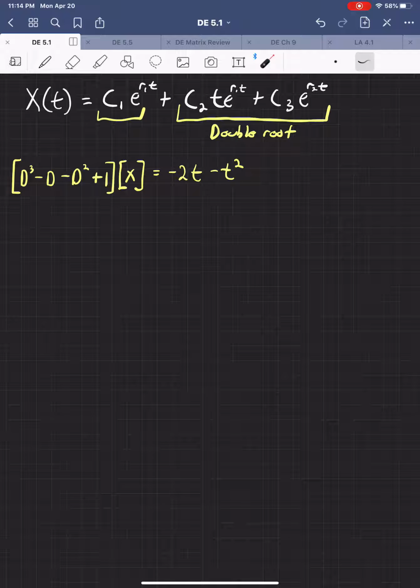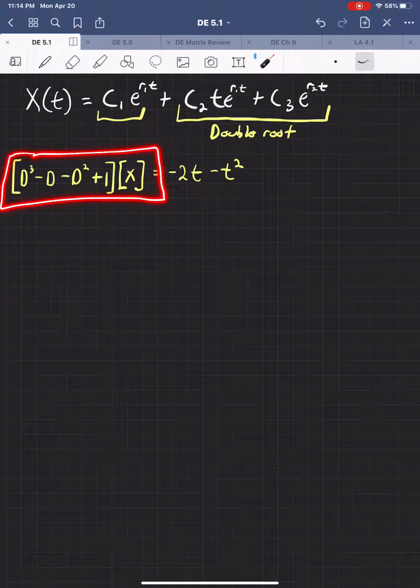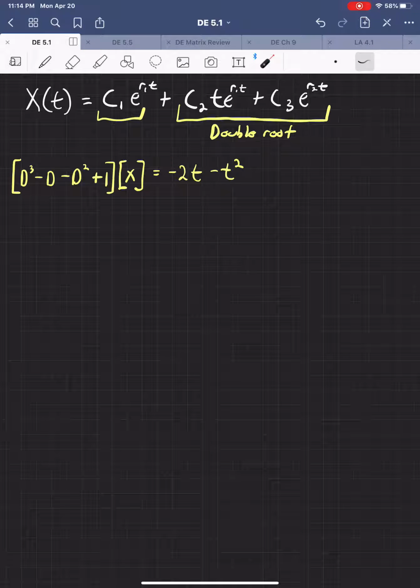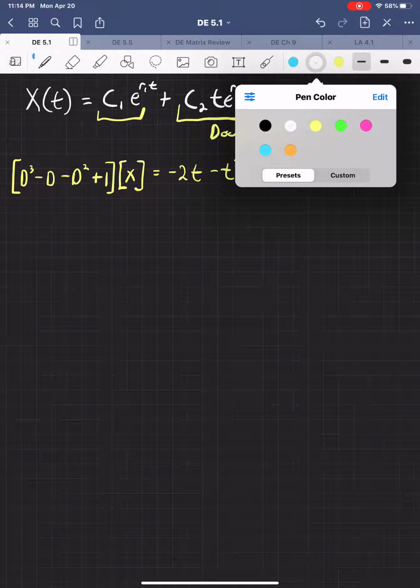I just want to show you really quickly how you can actually go from differential operator form right to auxiliary form, and you'll be able to know exactly what your r values are. Okay, so let me go ahead and show you really quickly.